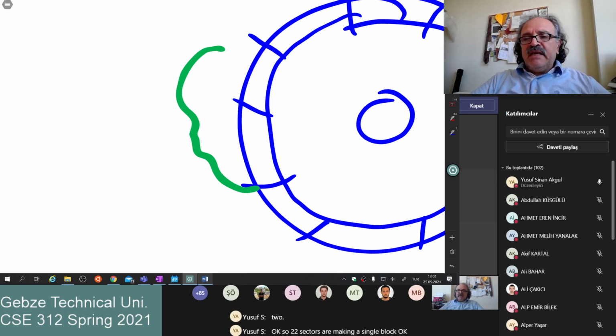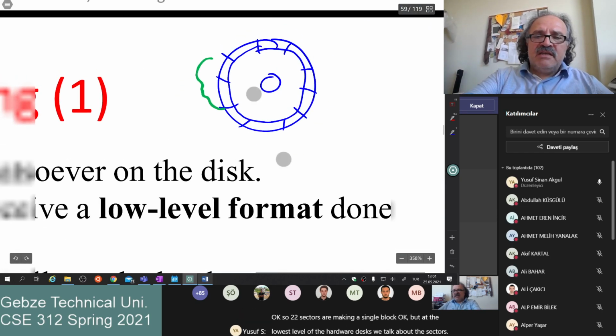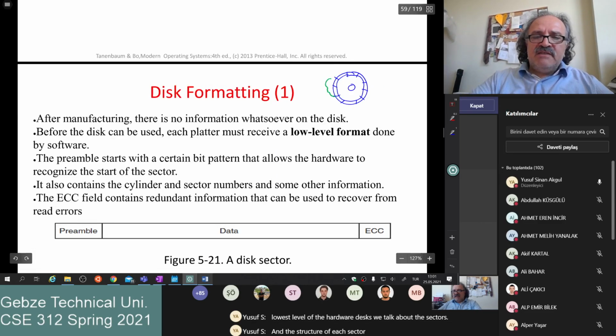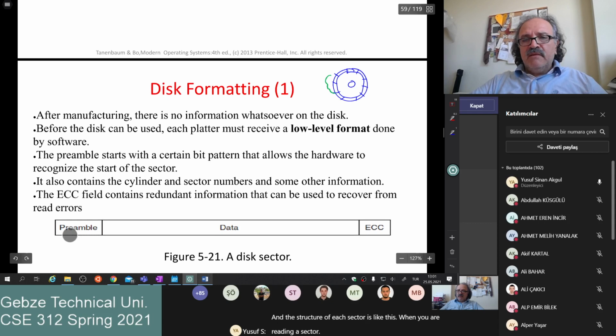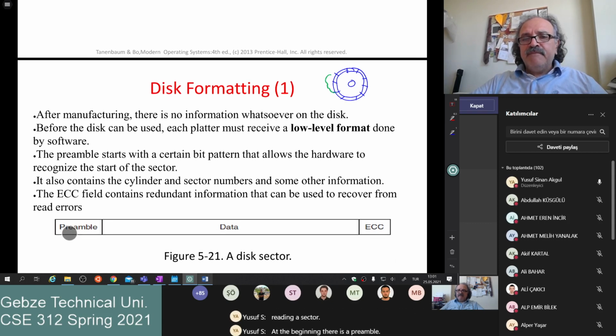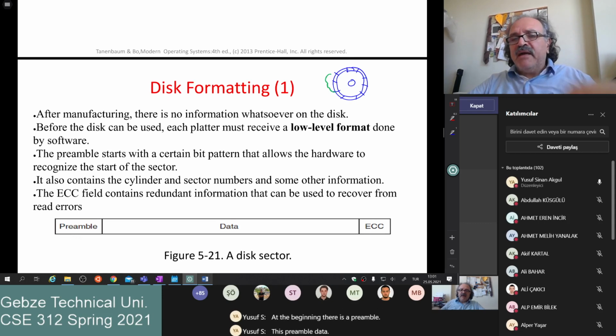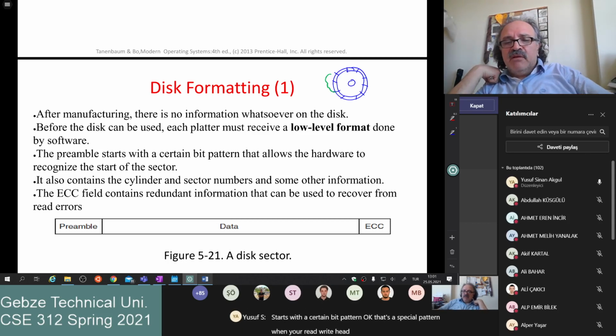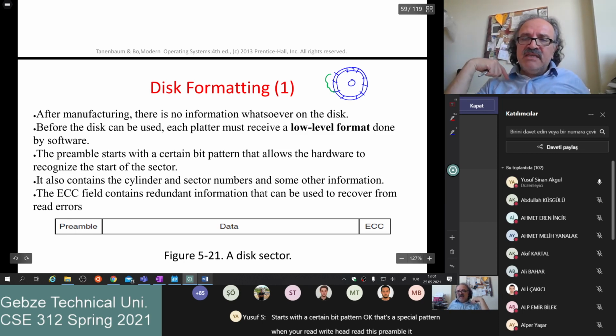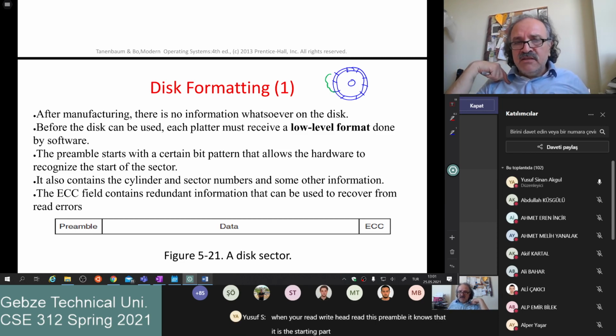But at the lowest level of the hardware disks, we talk about sectors, and the structure of each sector is like this. When you are reading a sector, at the beginning there is a preamble. This preamble data starts with a certain bit pattern. That's a special pattern. When your read write head reads this preamble, it knows that it is the starting part of a sector.